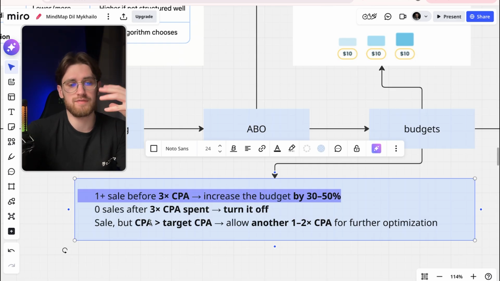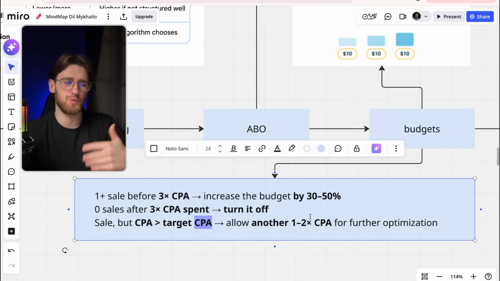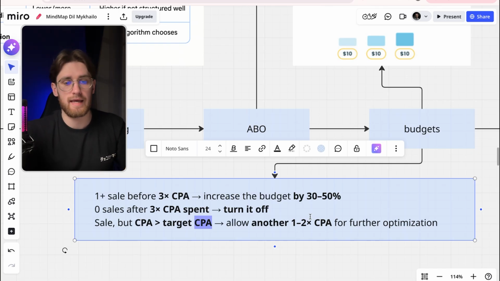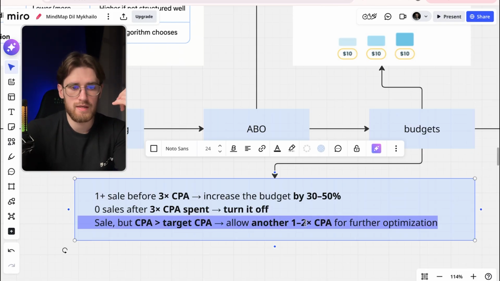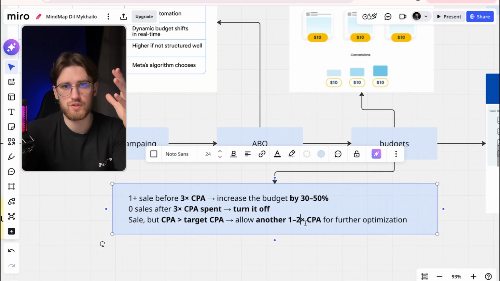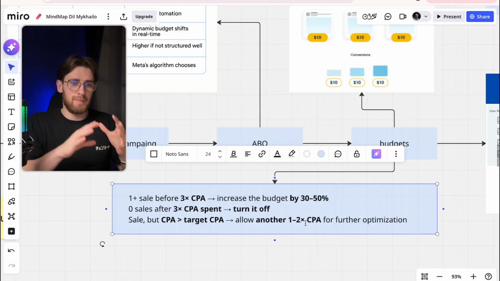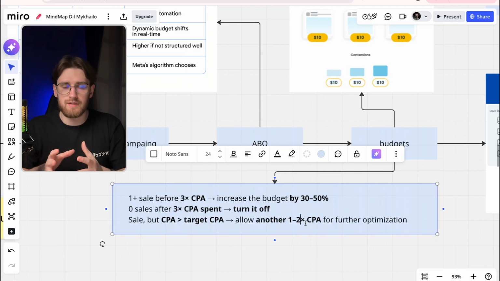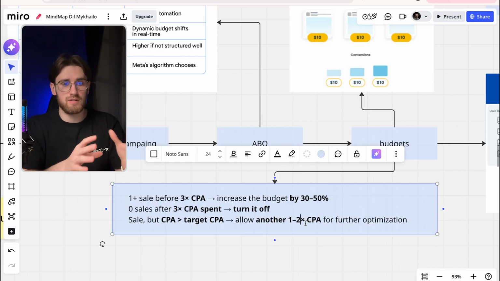And if we have some sales but under our target CPA, we can allow another 1 or 2 CPAs and run them to see which results we can get. Then we can continue working with these campaigns or this ad set level. This is why we have so many different rules for each fashion brand, depending on AOVs, conversion rates, margins, and our KPIs. We need to change all of this math.